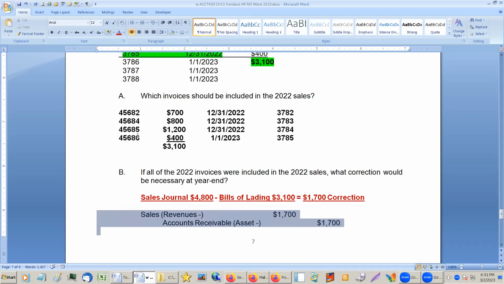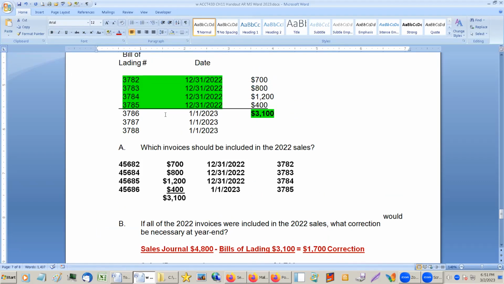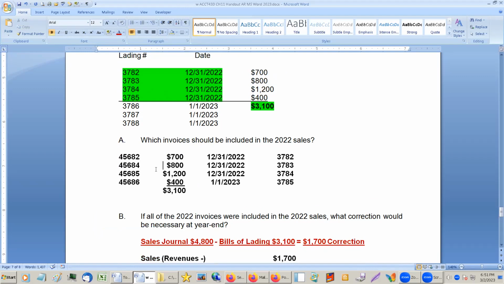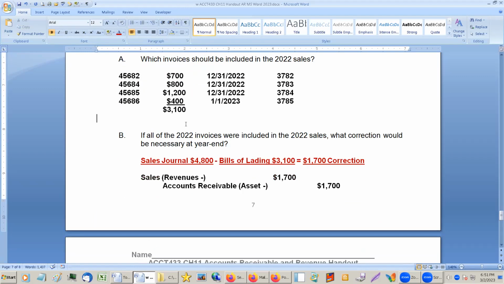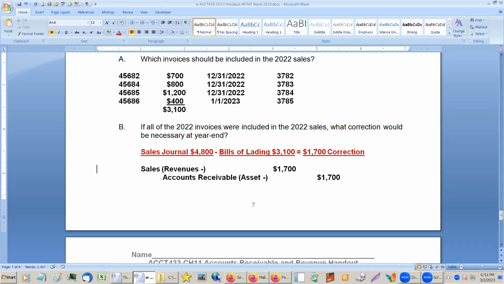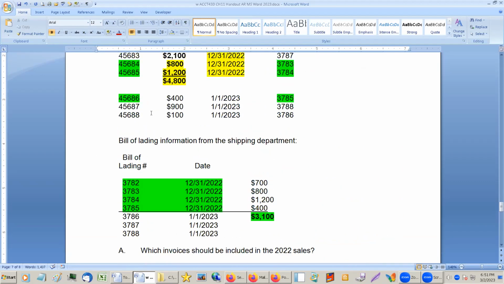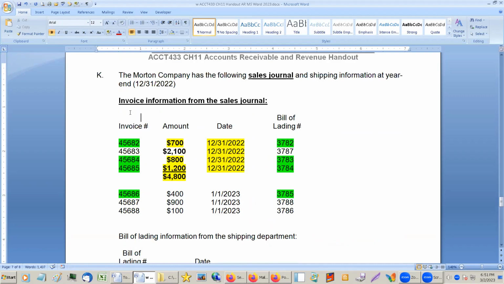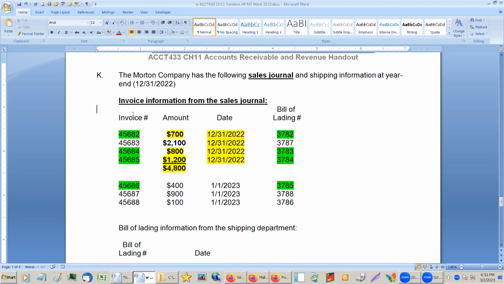You may also very well, and we don't know what the dollar value is, but if these are goods, you may very well have a journal entry for the goods.